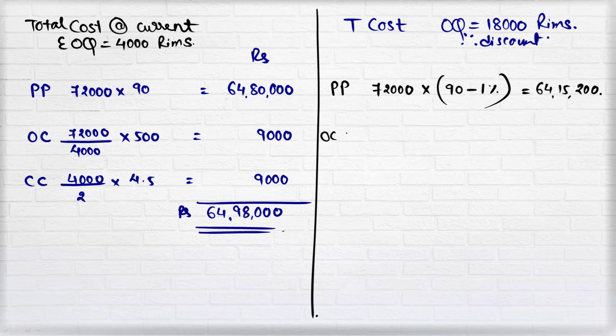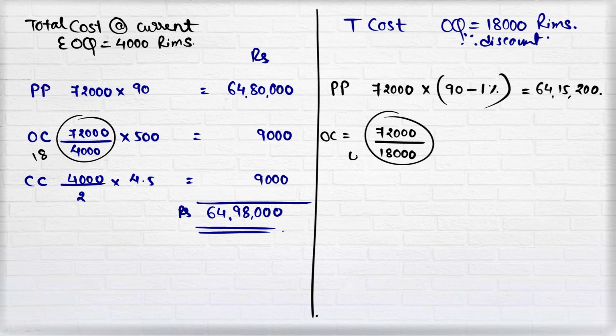What will be your ordering cost? Please try to concentrate. It will be 72,000 divided by 18,000 rims. What is the answer of this? 72,000 divided by 18,000 is 4. And what is the answer of 72,000 divided by 4,000? 18.